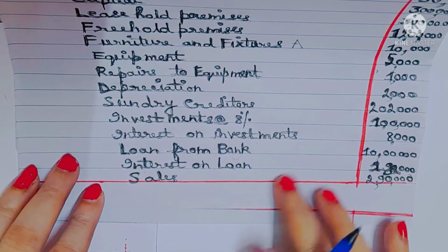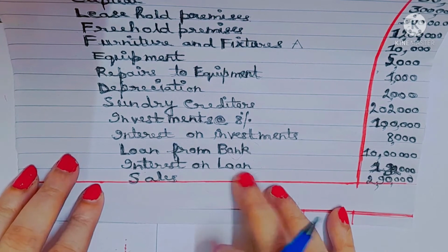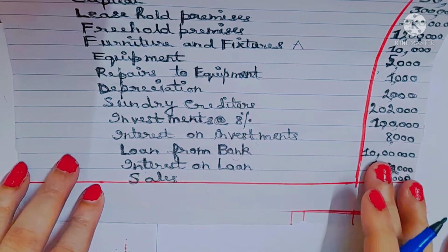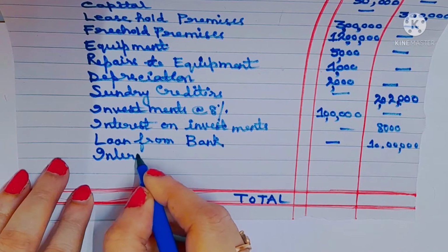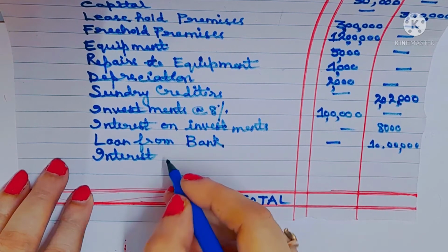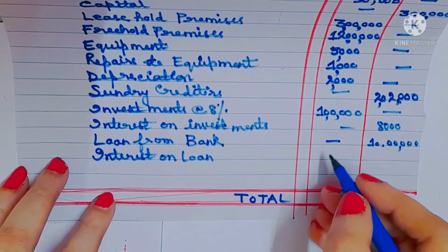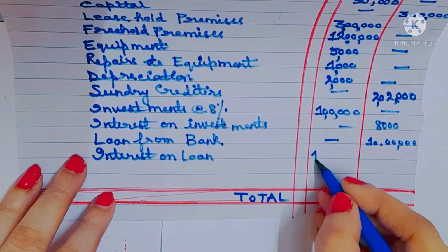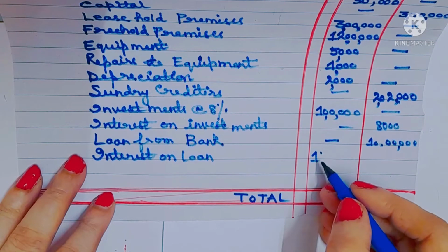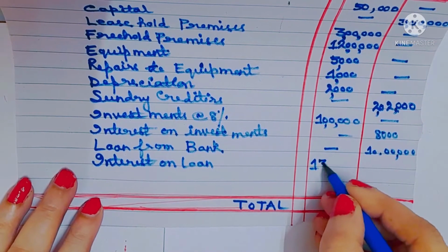The next account is interest on loan, 1,32,000. Let's write. Interest on loan, 1,32,000.